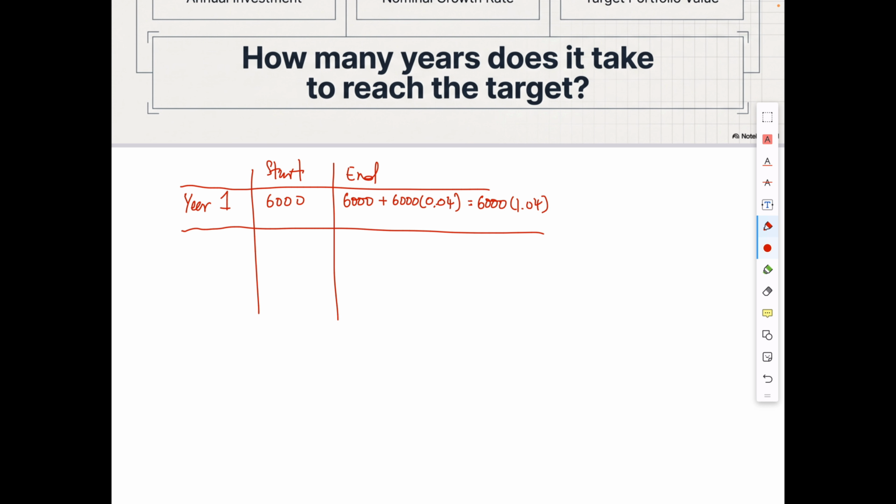In year 2, I am going to start with this amount that I already have, and I add on another 6,000. At the end of the year, I will get this 6,000 with its interest.